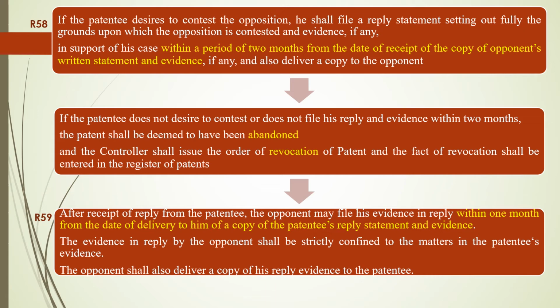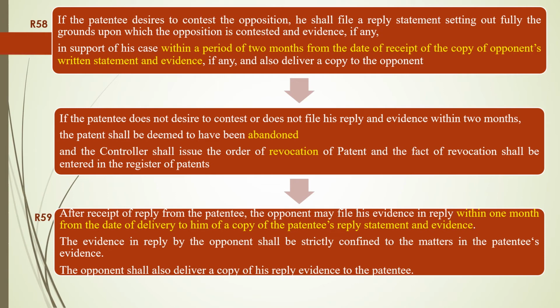If the patentee does not desire to contest or does not file any reply or evidence within 2 months, then that patent will be deemed abandoned, and the controller shall issue an order of revocation of the patent and the fact of revocation will be entered in the register in the patent office.